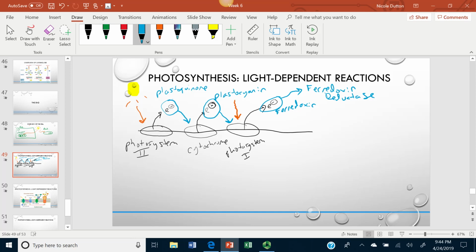And ferredoxin reductase is going to use those electrons and combine them with some hydrogens in order to produce NADPH.